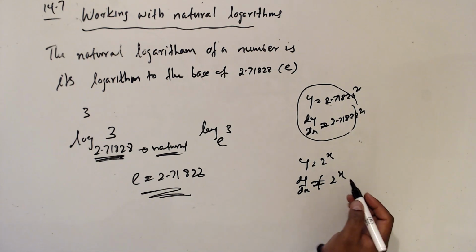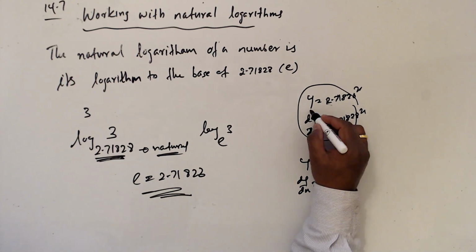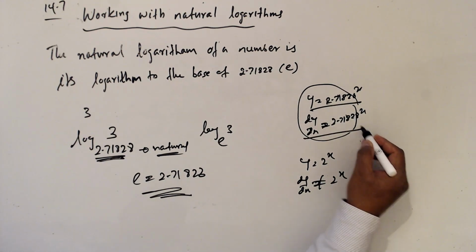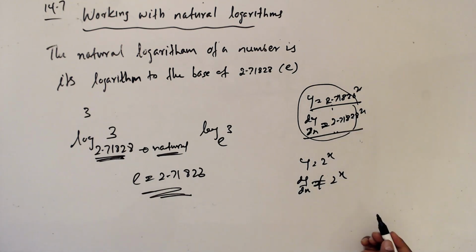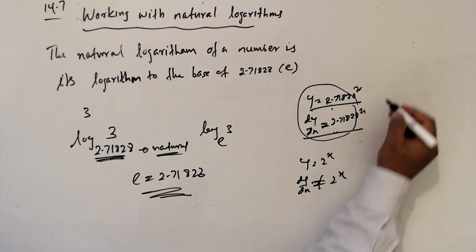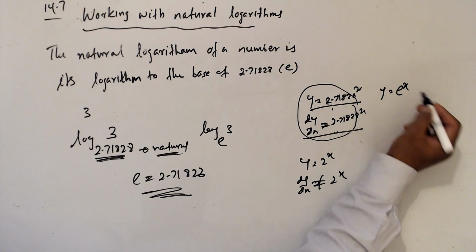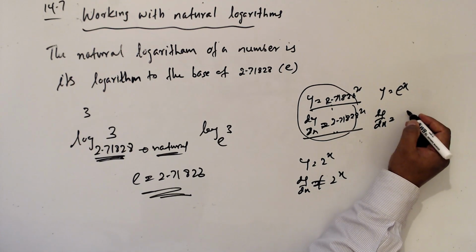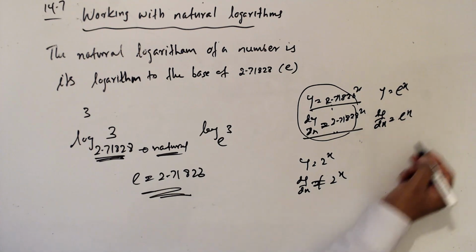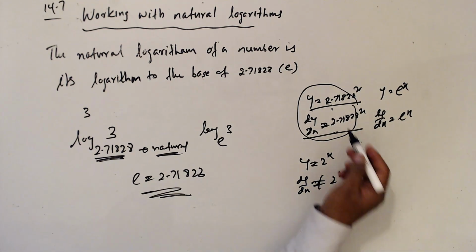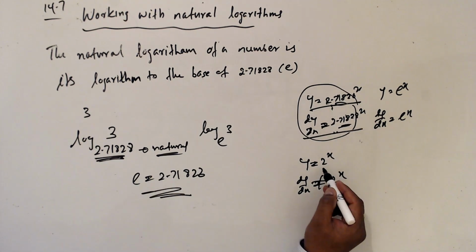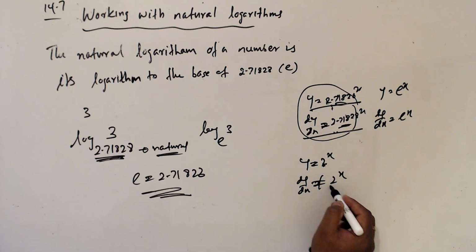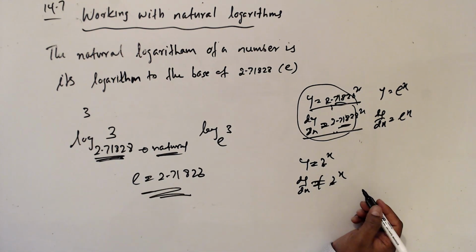But if you take y equal e to the x and differentiate, then they are equal. In shortened form we write y equal e to the x, dy over dx is e to the x. This is applicable only to this number. It doesn't work for 2 or 3 or any other number.